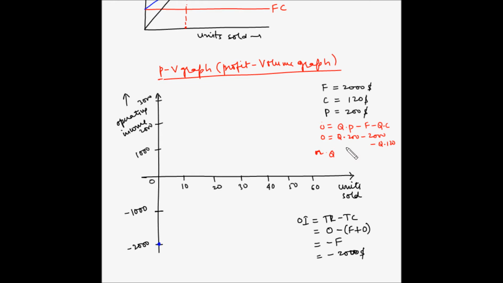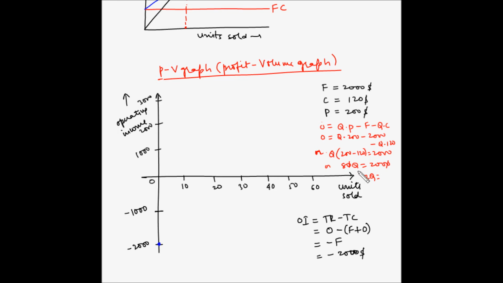So we can take Q as common: (200 minus 120)Q is equal to 2000. 200 minus 120 is 80, so 80Q is equal to 2000, or Q is equal to 2000 divided by 80.